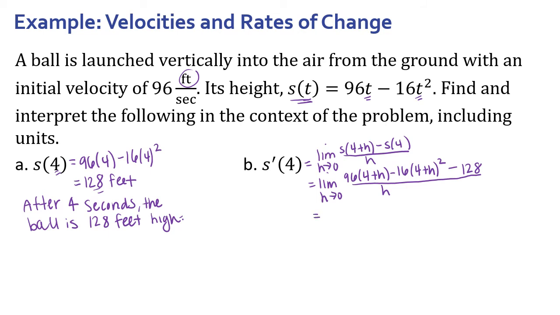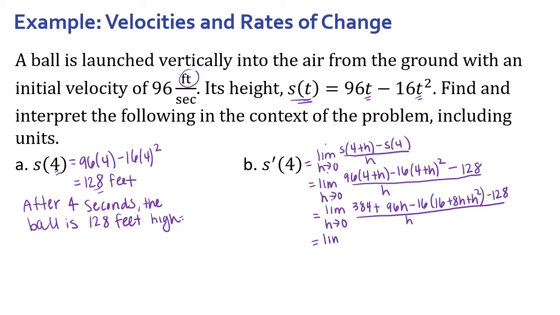Okay, if we go through and FOIL this all out, we're going to get the limit as h approaches 0 of 384 plus 96h minus 16 times 16 plus 8h plus h squared, when I FOIL out 4 plus h squared, minus 128, all over h.